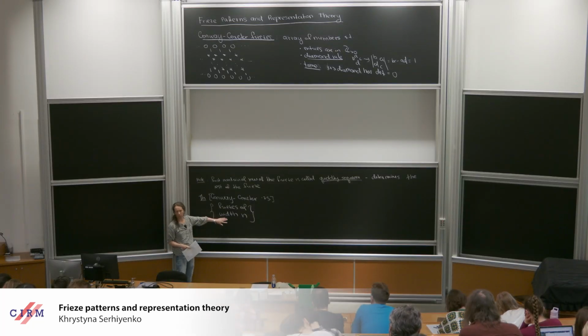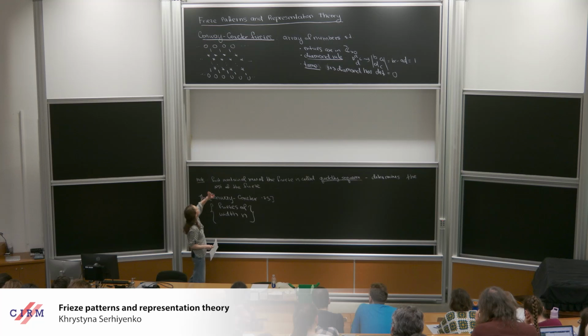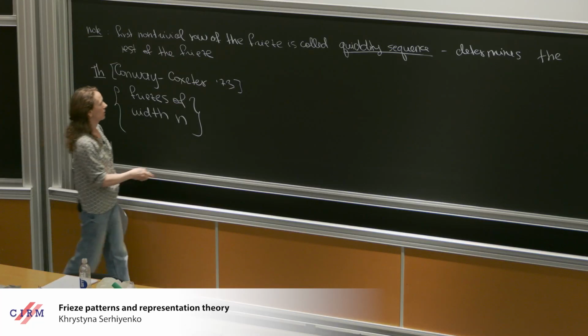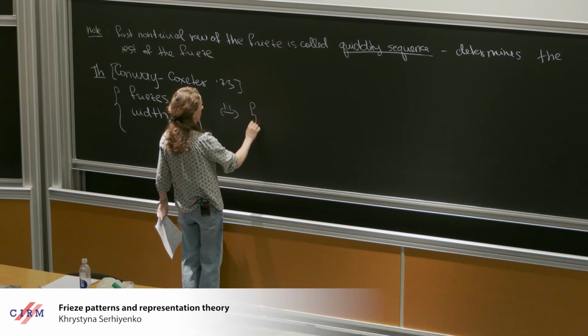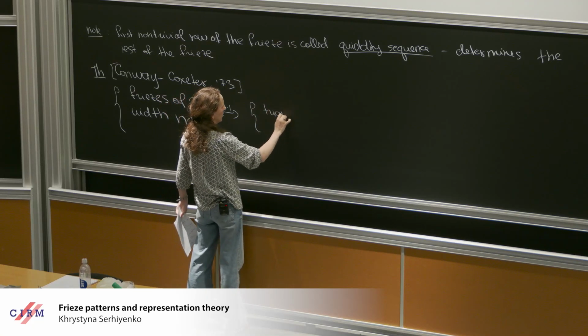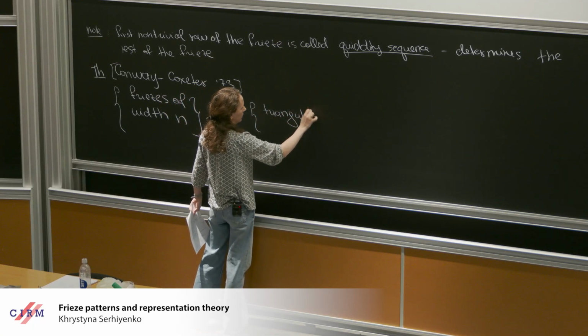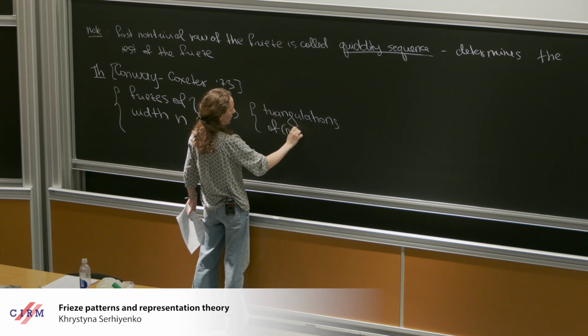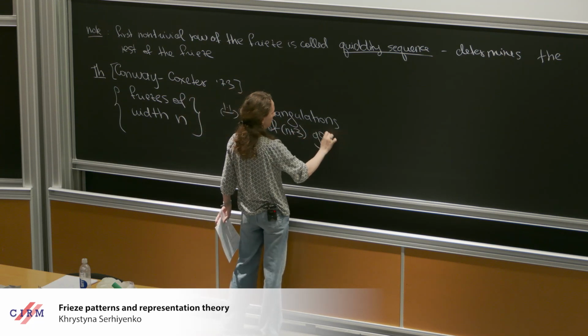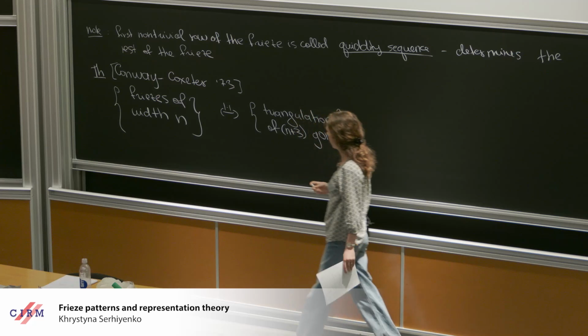Width is the number of non-trivial rows, that's the number of rows which have stars in them, so the number of rows in the frieze without the zeros and ones. Right, so we have this correspondence.